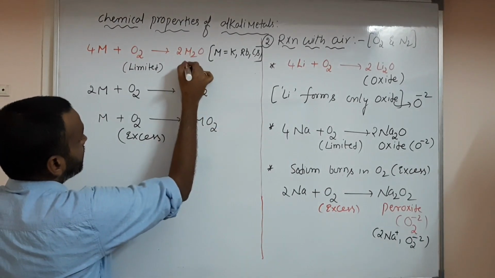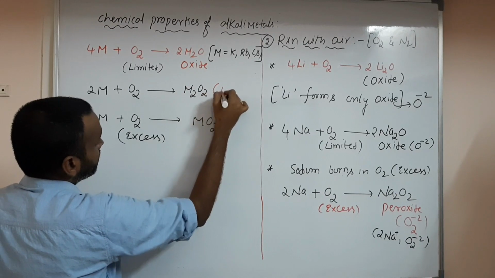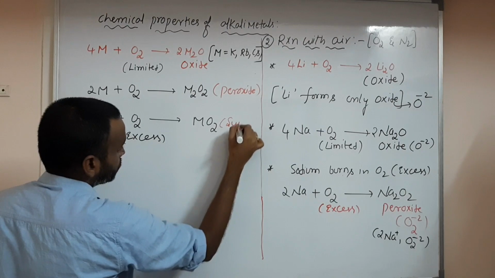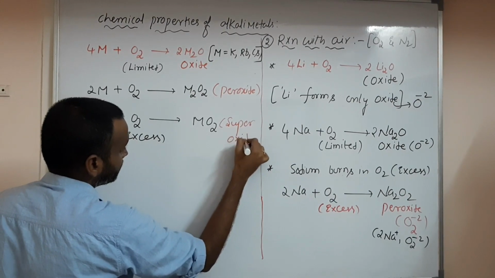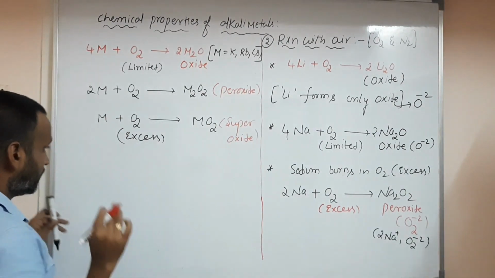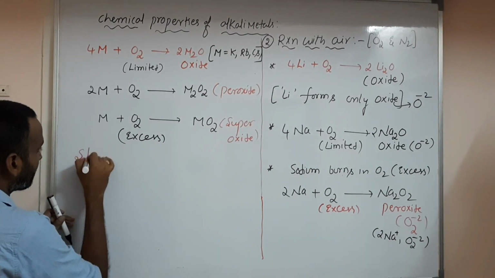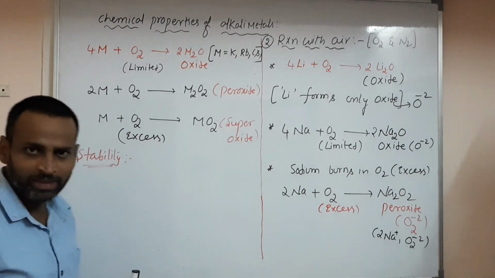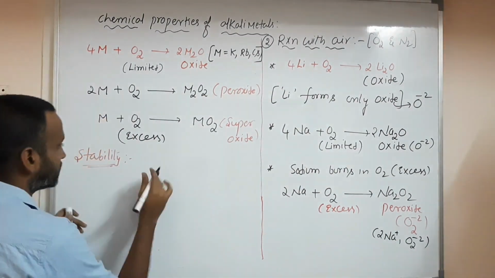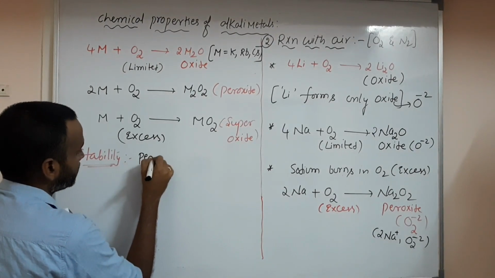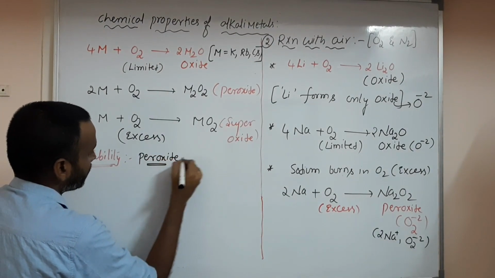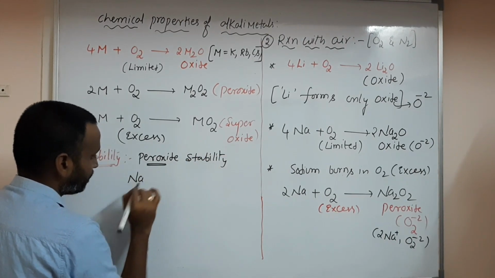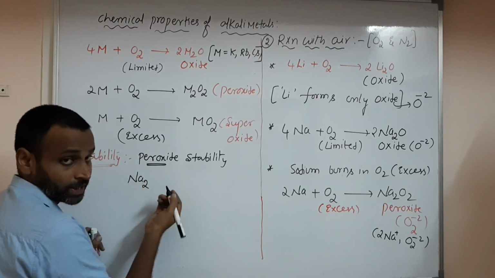So this is oxide, this is peroxide and this is superoxide. Now about stability: if you see the stability of peroxides and superoxides, it starts from sodium, while lithium cannot form peroxide.